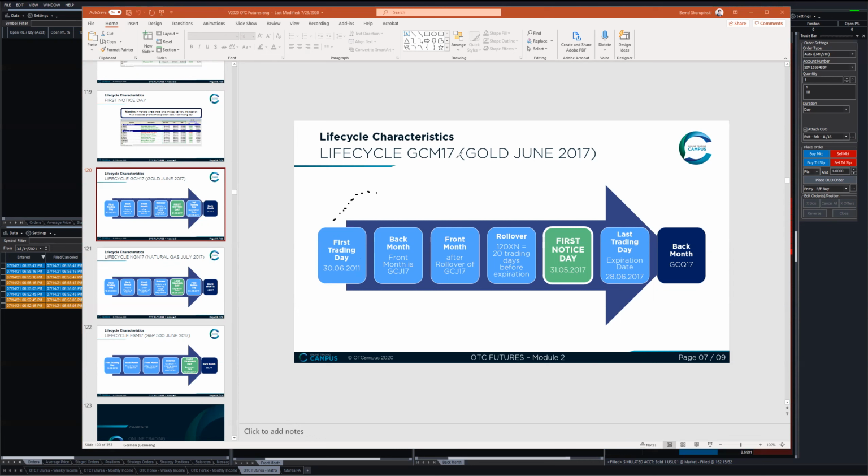For instance, here the gold June 2017 contract, the life cycle start was in 2011. So technically now you could trade a contract that is in the future, maybe gold 2025, right?